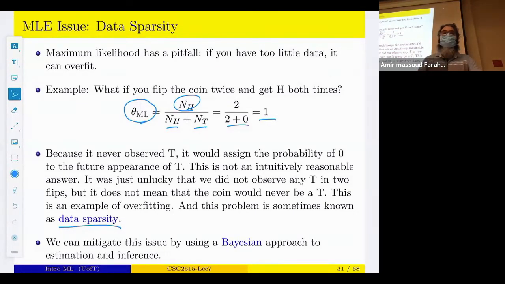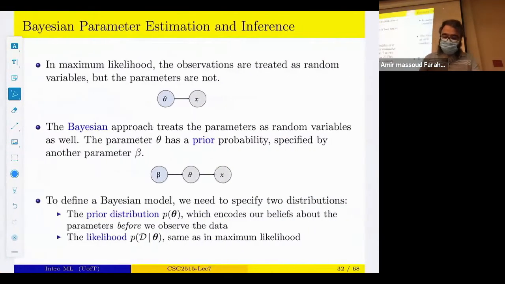One approach to mitigate this issue is by using the Bayesian approach for estimation and inference. And I want to talk a little bit about the Bayesian approach. So here the idea is that in maximum likelihood estimation, we assume that the observations we see are random variables, but the parameters that describe those observations are not.